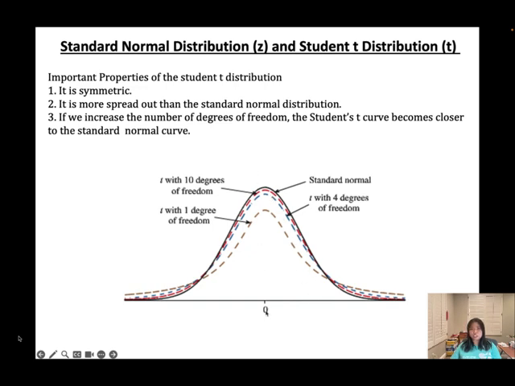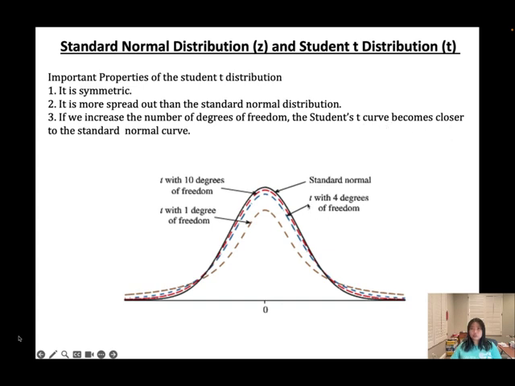The T distribution is more spread out than the standard normal distribution. The degrees of freedom apply only to the student T distribution. If we increase the degrees of freedom, the student T curve becomes closer.